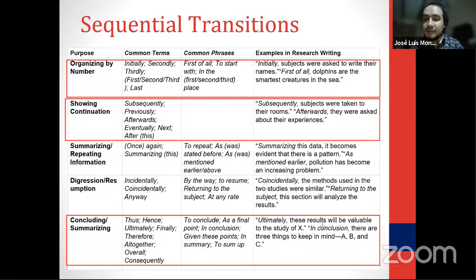If these ideas are in the middle, you have to use period or semicolon before that word, and after it a comma. Period, semicolon, ultimately; period, semicolon, hence; period, semicolon, therefore, comma, and the next idea. Okay, that's very, very important.